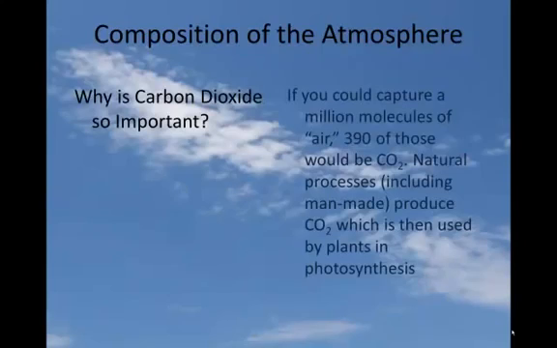So another way of phrasing that is 390 parts per million would be carbon dioxide. Now, carbon dioxide comes from most natural processes, including man-made or anthropogenic factories or automobiles, but it's also created by natural processes. And then plants also take in carbon dioxide and give off oxygen in their metabolism.